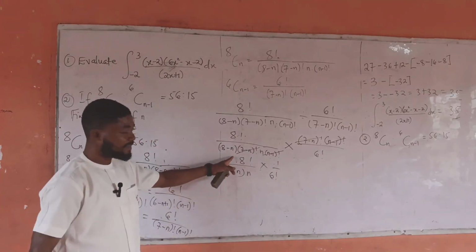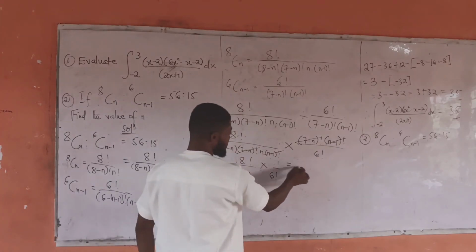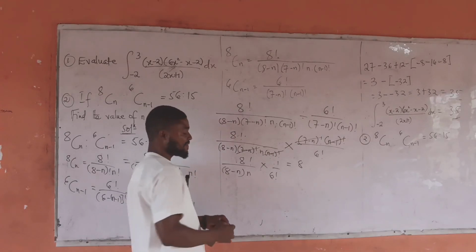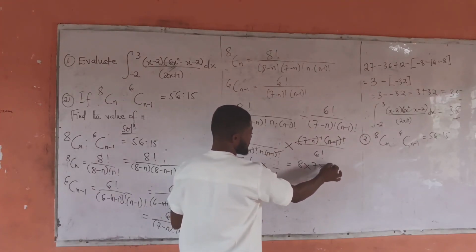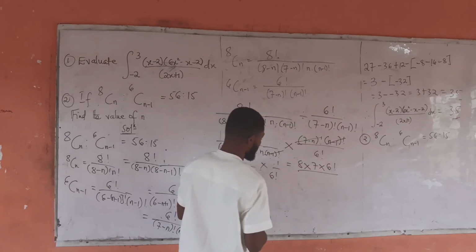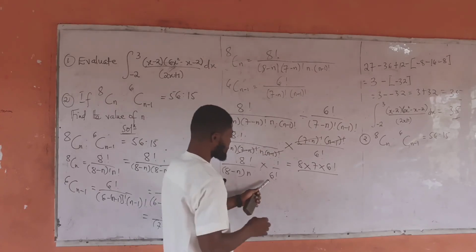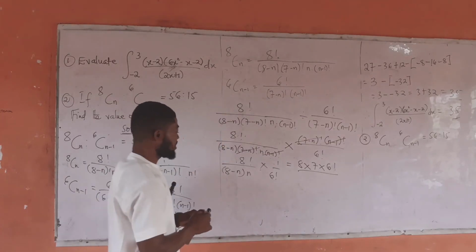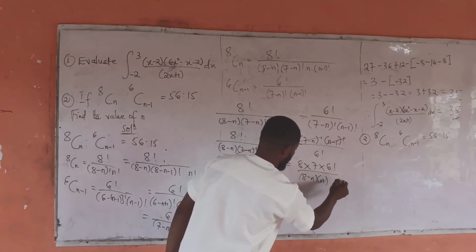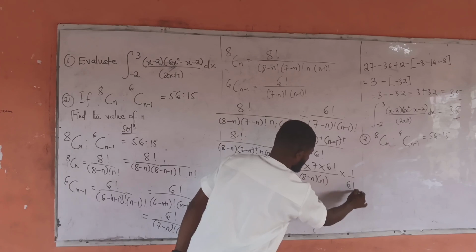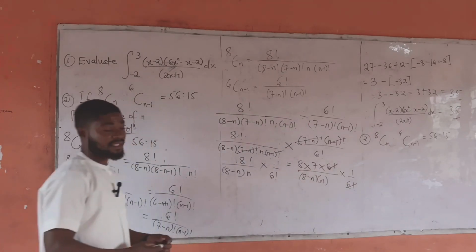Now this also can be broken down. 8 factorial means we start from 8, then we subtract 1, 8 times 7, come to 6 factorial because of this one, and then 8 minus n. So we have something like this.